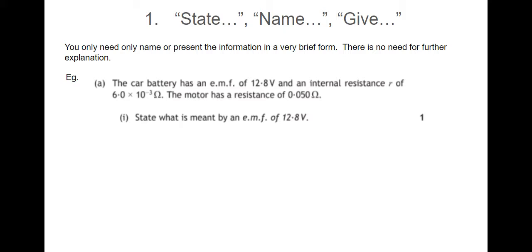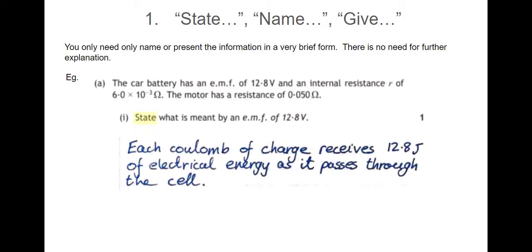So this isn't just asking what is meant by an EMF, it's asking what is meant by an EMF of 12.8 volts. So the actual answer would need to be each coulomb of charge receives 12.8 joules of electrical energy as it passes through the cell. If I don't mention that 12.8 volts or 12.8 joules, then I get no credit.